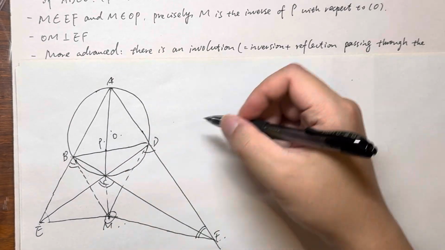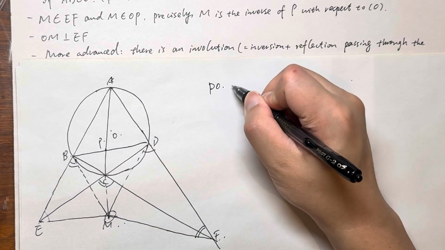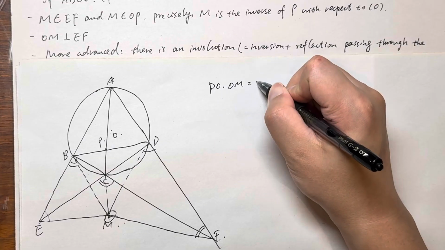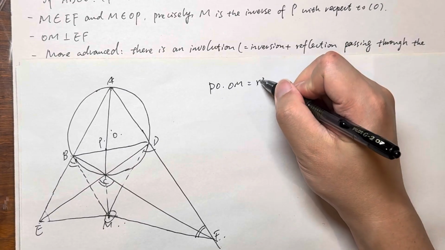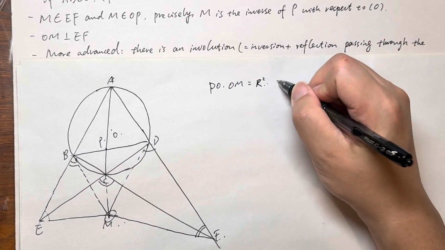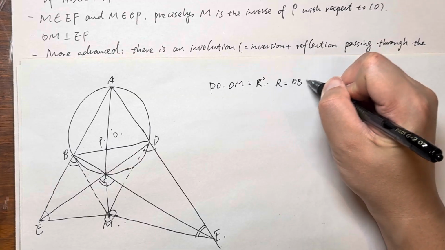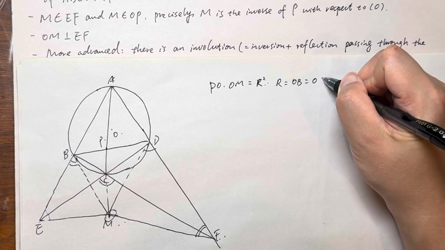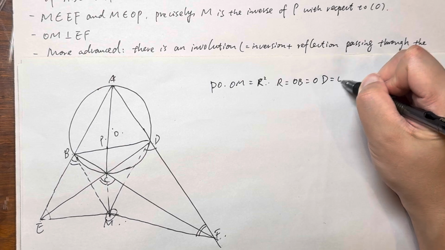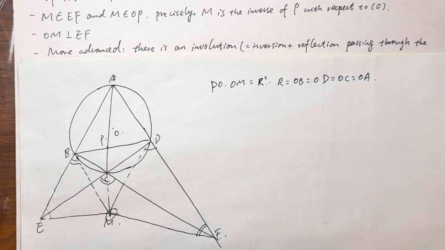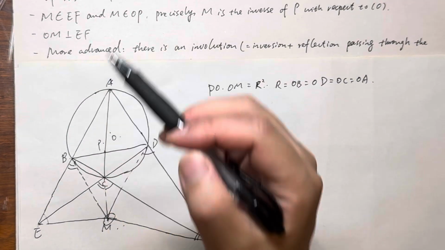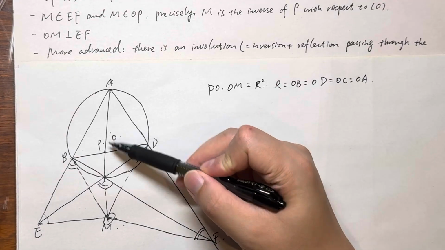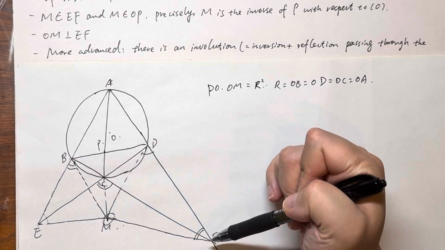So basically we want to prove that PO times OM equals R squared, where R is OB or OD or OC or OA. And the second half, we want to prove that OM is perpendicular to EF.